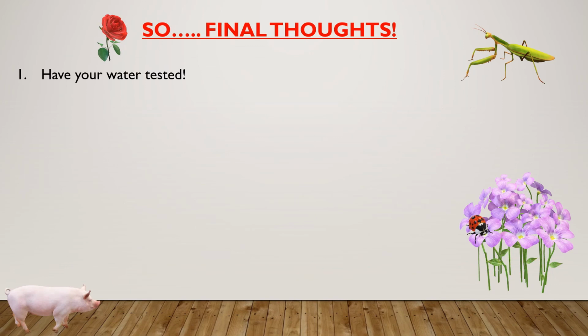So let's have some final thoughts. First, and you can tell this one was coming, have your water tested. It's the only way we know how to put you in that optimal range in your plant growing endeavors.